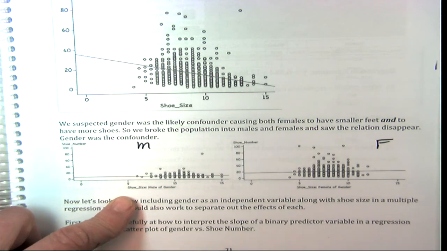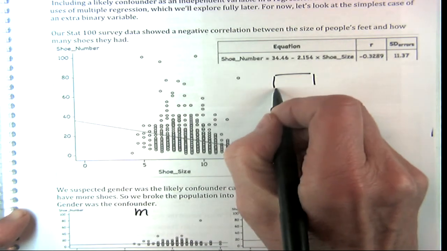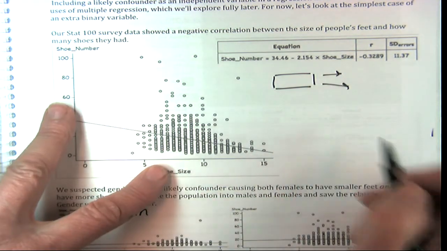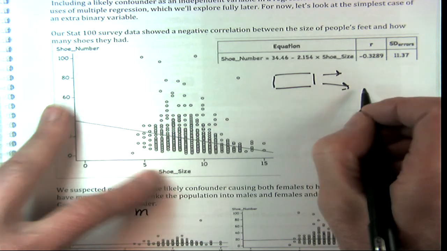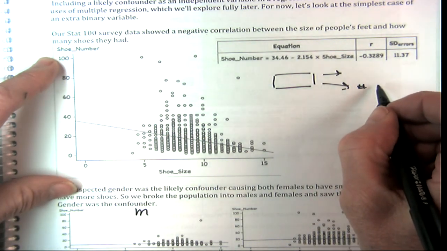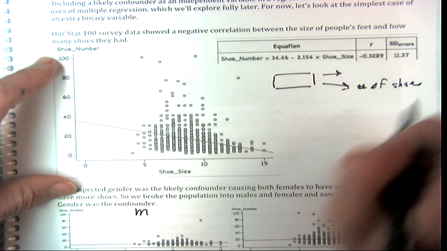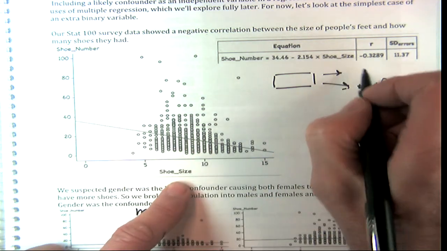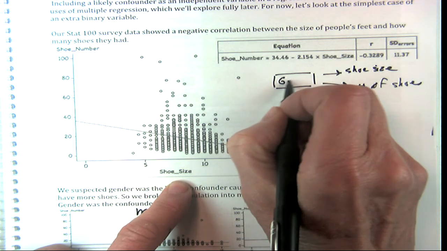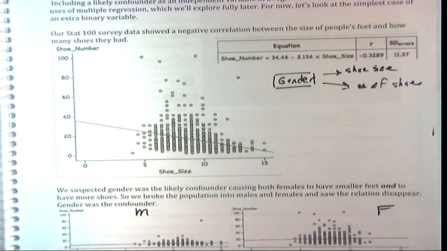And we saw that was because of the confounder, a third variable that's driving both the shoe size and the number of pairs of shoes, which is your Y. And that's gender.